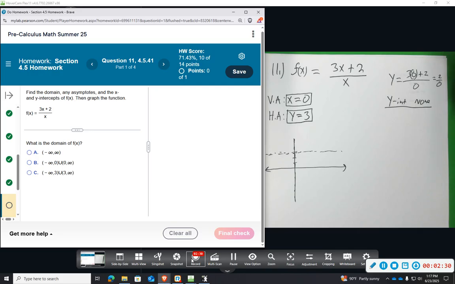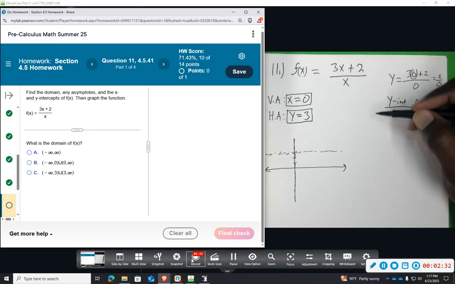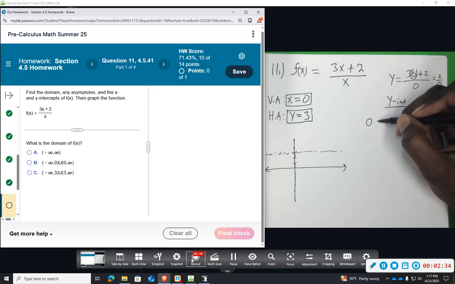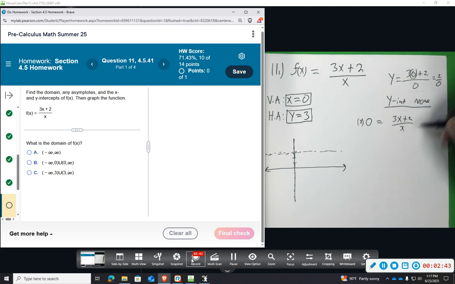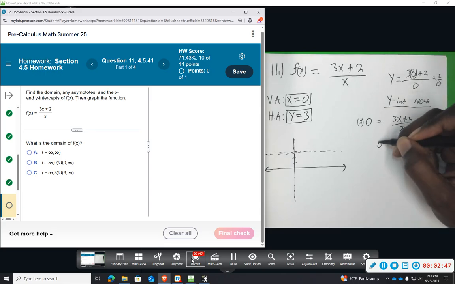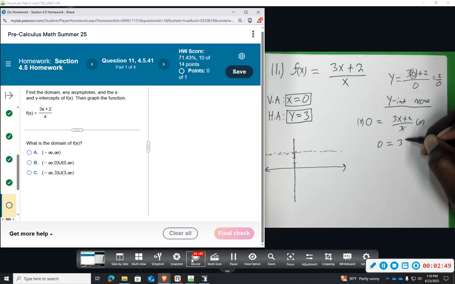As far as the x-intercept, we would plug in a 0 for y and then solve for x. So I would multiply by x on both sides. So x times 0 would be 0. Multiply by x here, we'll get rid of that. So we have 0 equals 3x plus 2.